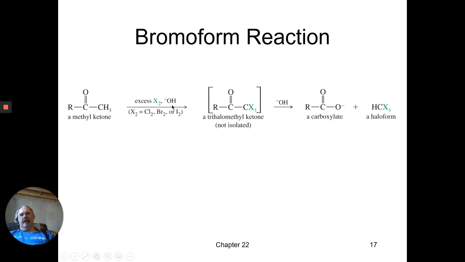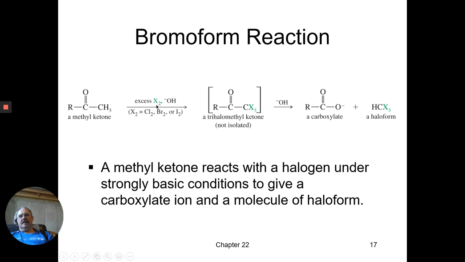So if we have hydroxide and excess halogen, all three of these hydrogens get replaced by the corresponding halogen, and this trihalomethyl ketone is not isolated. Instead, we'll get a carboxylate, and then we'll get a trihalomethane or a haloform.